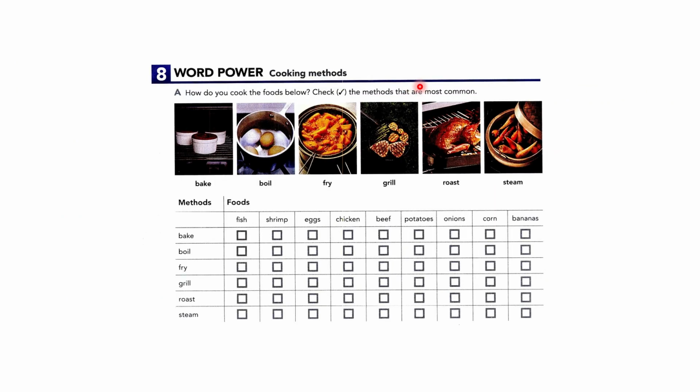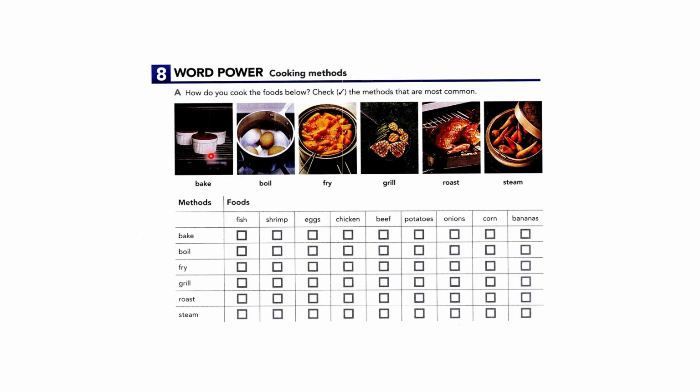Okay, let's continue. Guys, let me explain our grammar focus for Wednesday. So here we have word power: cooking methods. This is an important word power because it will be in your practice. Here you have different terms about the different cooking methods that we have in the kitchen, but in English.